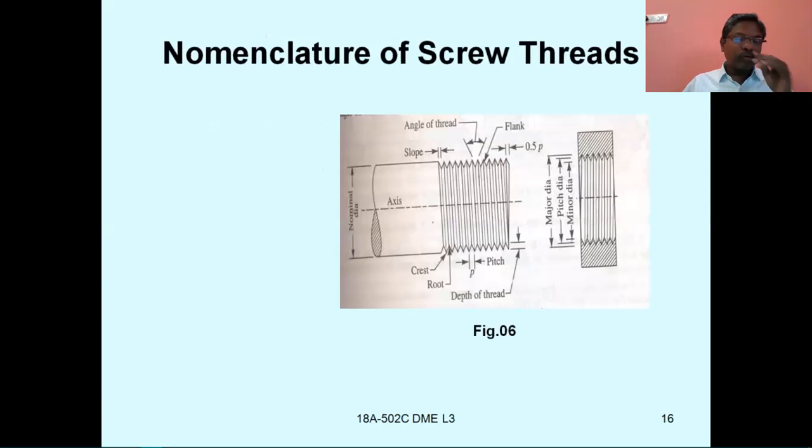Now let us go to the nomenclature of screw threads. Here you can see a form of screw thread, the V-shaped screw thread.